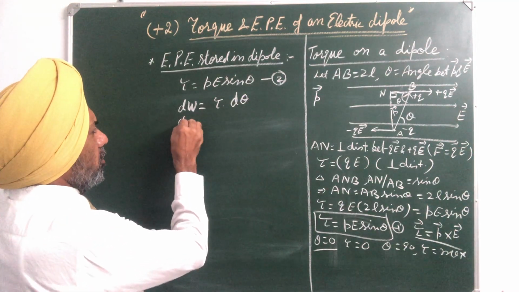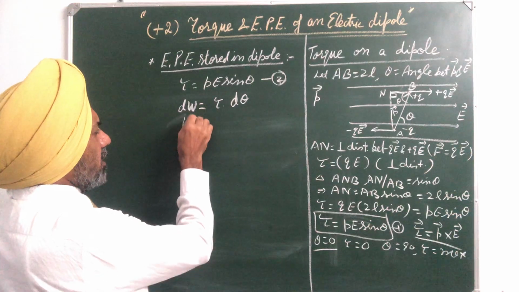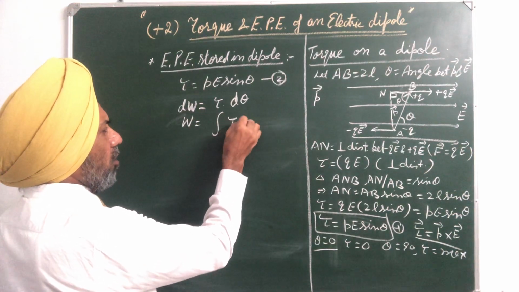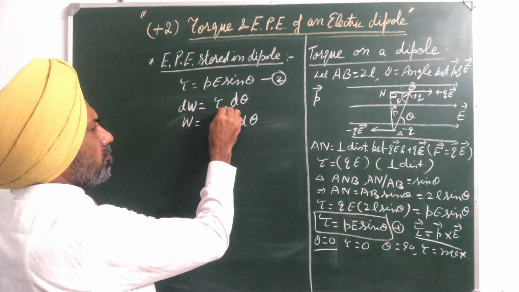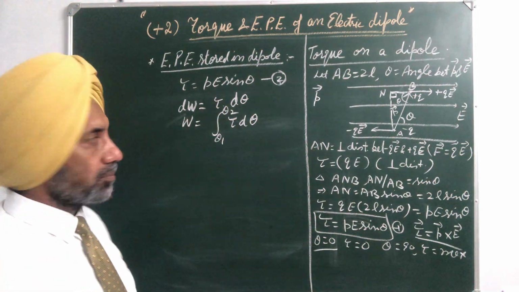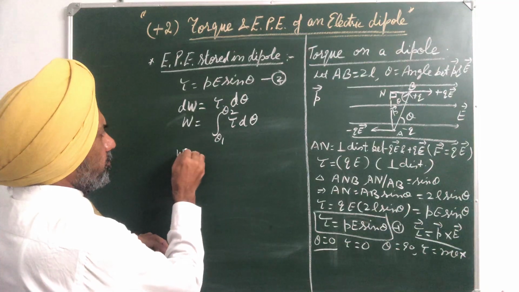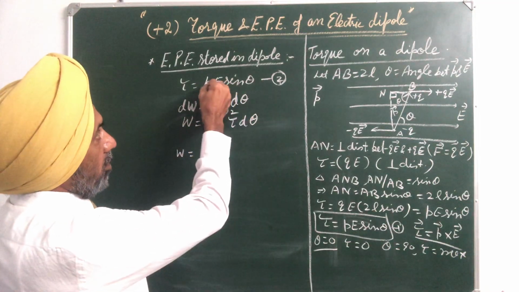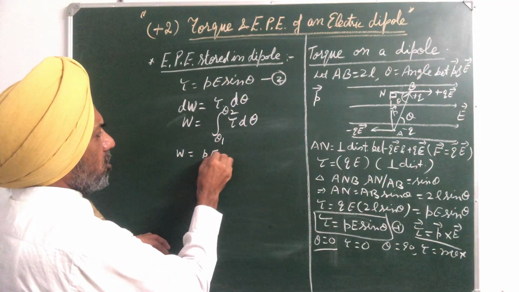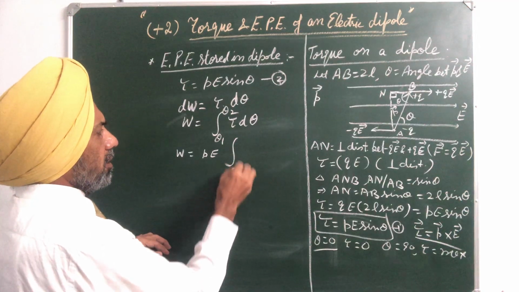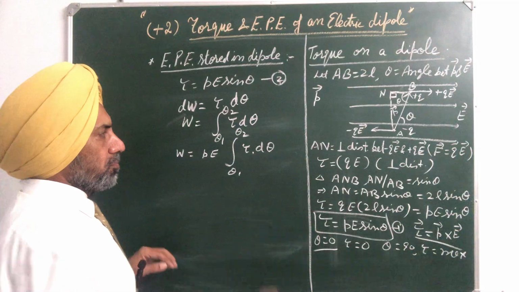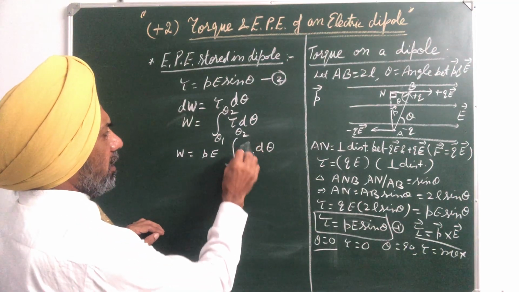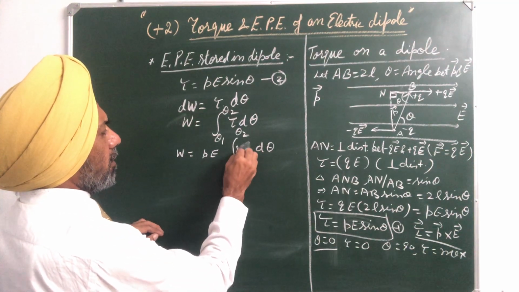or total work done is the integral of tau d theta, limits theta 1 to theta 2, any two limits. Or W is equal to, substituting the value of tau, PE, a constant which can be taken outside the integration, integral from theta 1 to theta 2 of sin theta d theta.